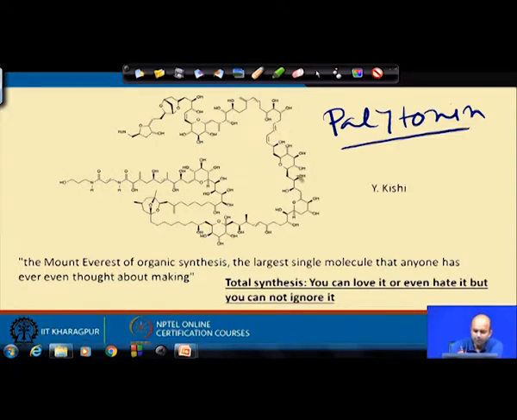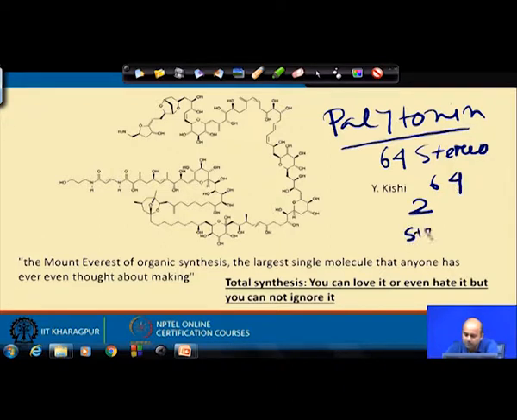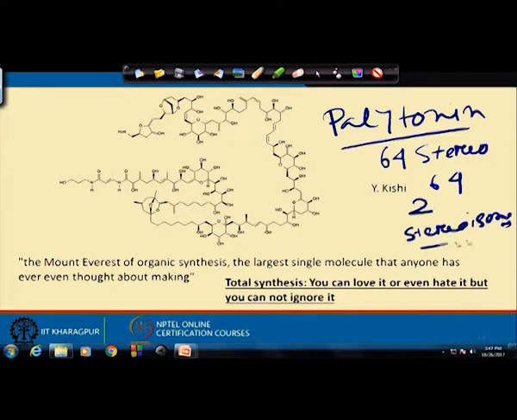Basically, you can count the entire thing and it will give you 64 stereocenters, and 64 stereocenters means you basically have 2 to the power 64 stereoisomers. Now, imagine how difficult this is: this molecule as a single enantiomer has been synthesized in the lab, and this challenge was one of the great challenges, called the Mount Everest of organic synthesis.